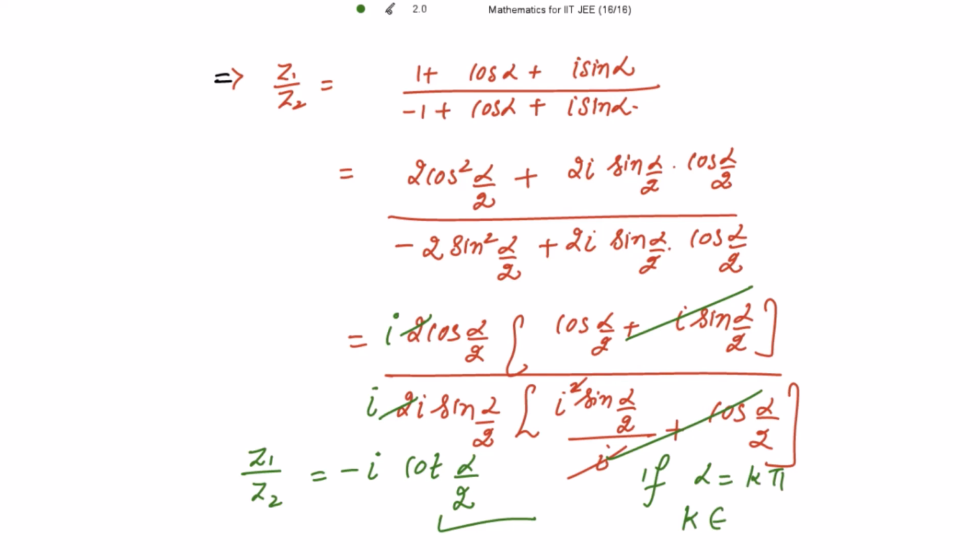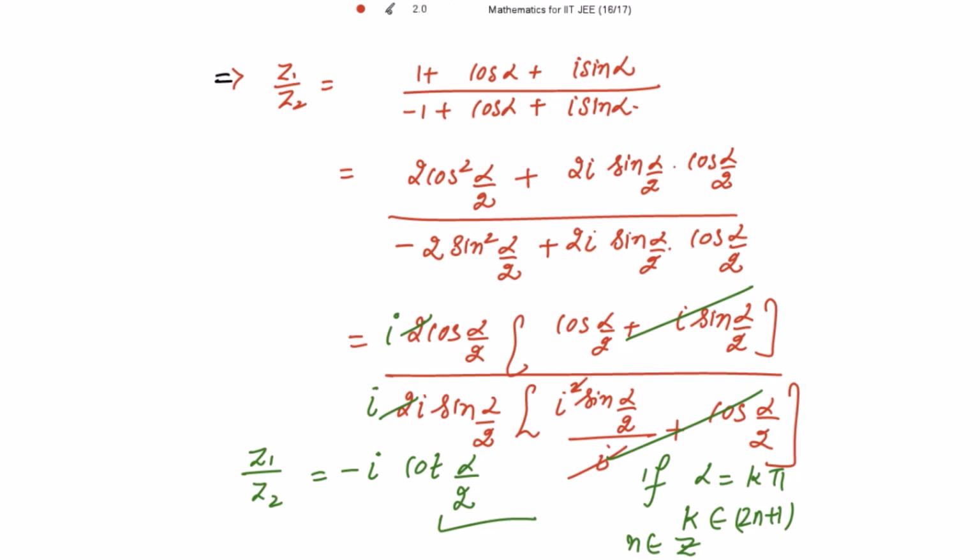Because for the even integers it will be undefined. So for the odd integers, that is for 2n plus 1, where n belongs to the integers, right? So for this general solution, this right hand side is 0, that is cot of k pi by 2 is 0 for the odd values of k, right? So this becomes also 0, the right hand side for these values.